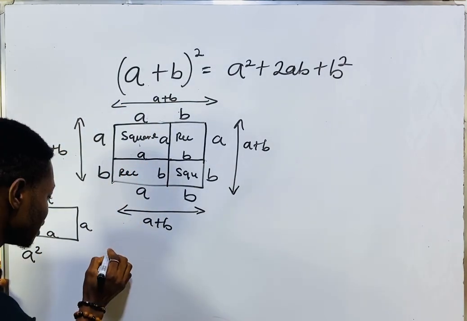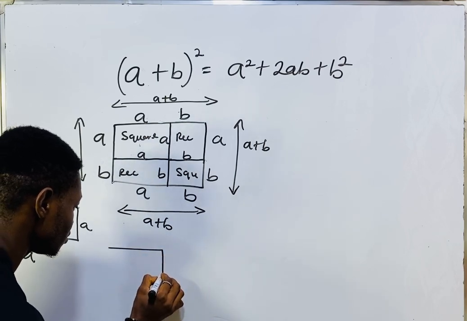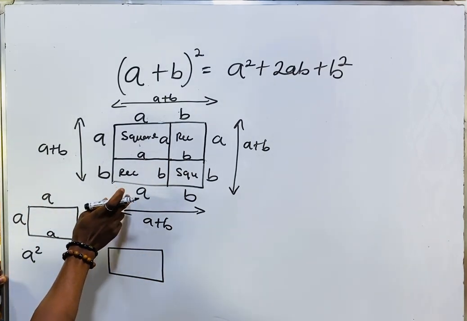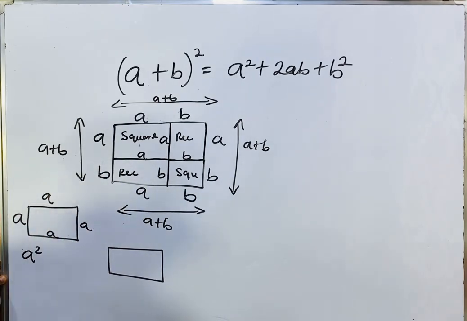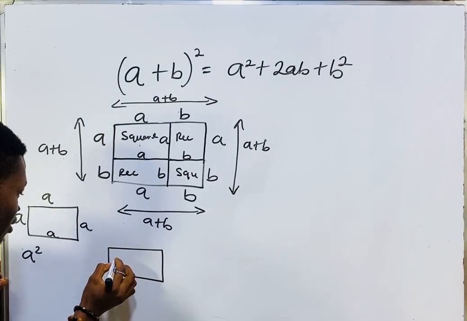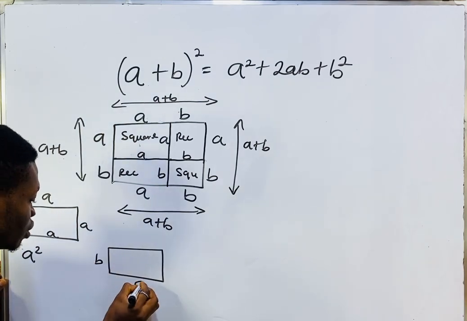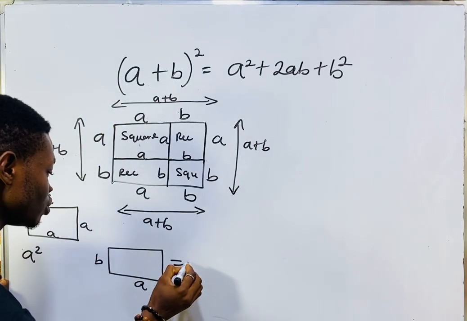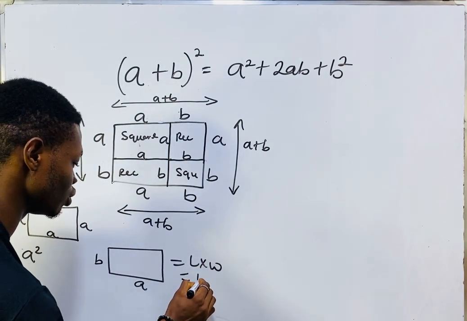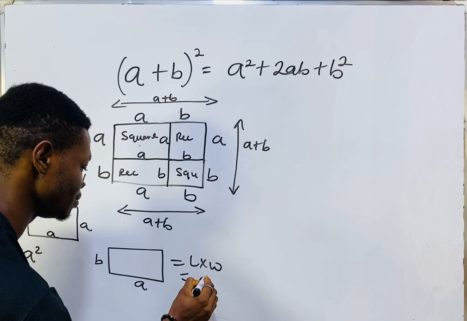Now let's bring this rectangle. Bringing this rectangle, we are having b times a. As you can see, only two opposite sides are equal, which is a rectangle. So we are going to have b and a. So b times a will give us what? That's the area of a rectangle, length times width, which will give us ab.